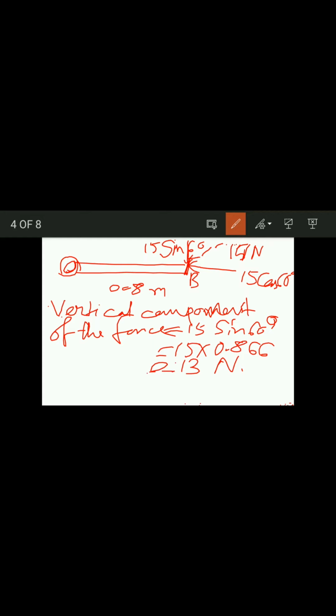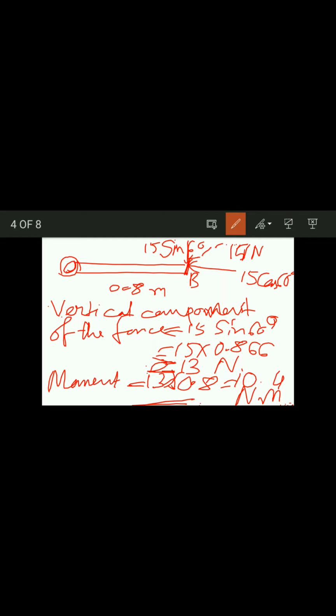So moment equals 13 into 0.8, that is 10.4 Newton meter. So this is the answer. In both the cases the answer is the same.